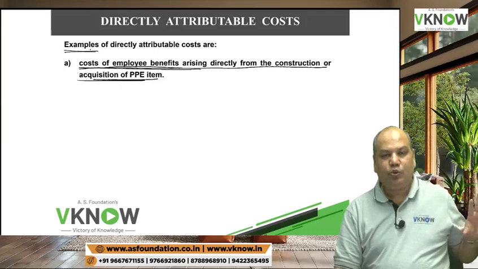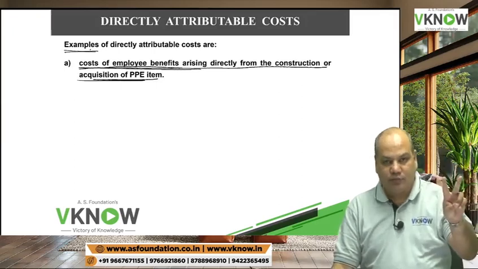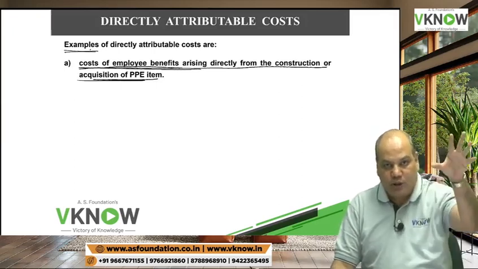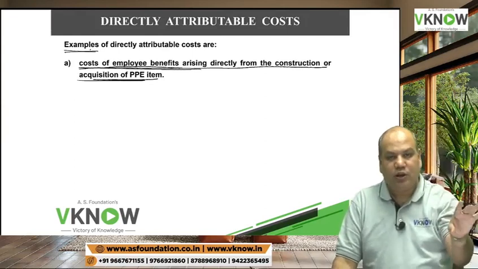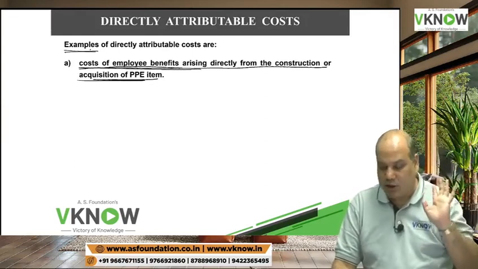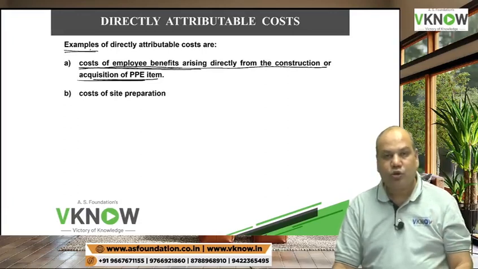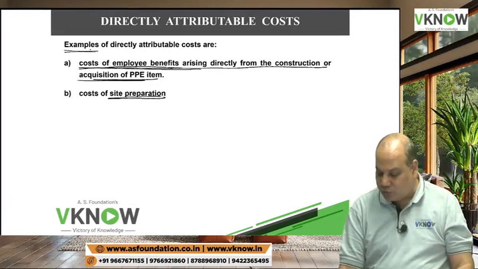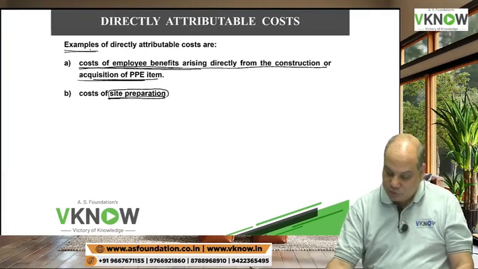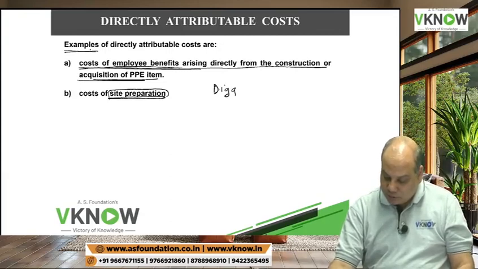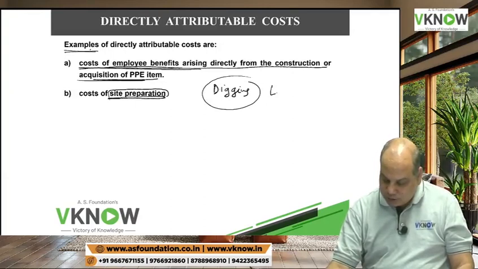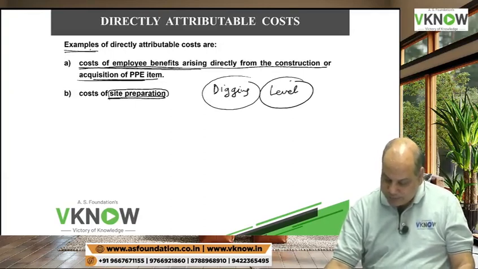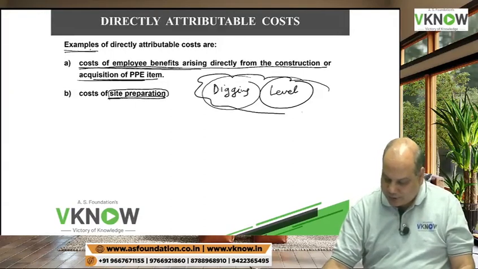So if an employee has worked for 2 months in the construction of a building, his 2 months salary will be added to cost of building. Then cost of site preparation. To make that site ready, you will have to do a lot of activities. Is it right? So you may have to do digging, remove stones, soil, level it, etc. That is called site preparation.